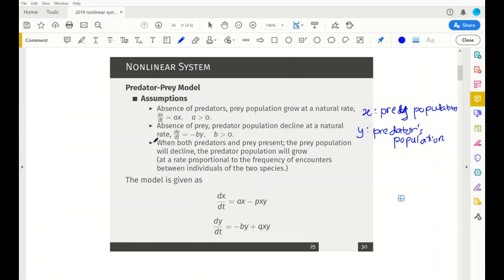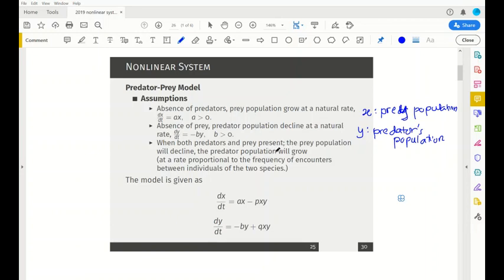The third assumption here: when both predators and prey are present, the prey population will decline. This is because predators exist, so prey become their food source. Due to this, the population of prey will decline, while the predator population will grow, because it has food sources.